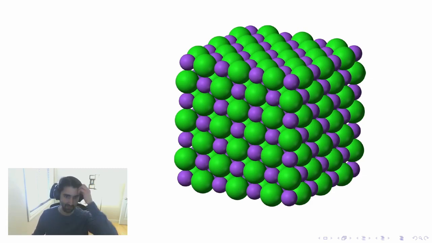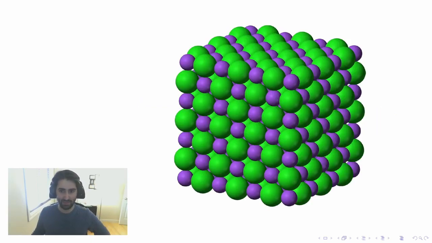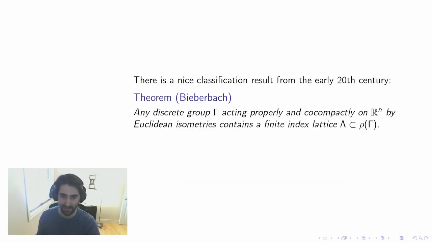So this is what motivates the subject. Now, in the case of crystallographic groups, so these actions of discrete groups with co-compact quotient and by isometries, there's a very nice result by Bieberbach, which says that any group that acts this way needs to contain a finite index lattice of translations.